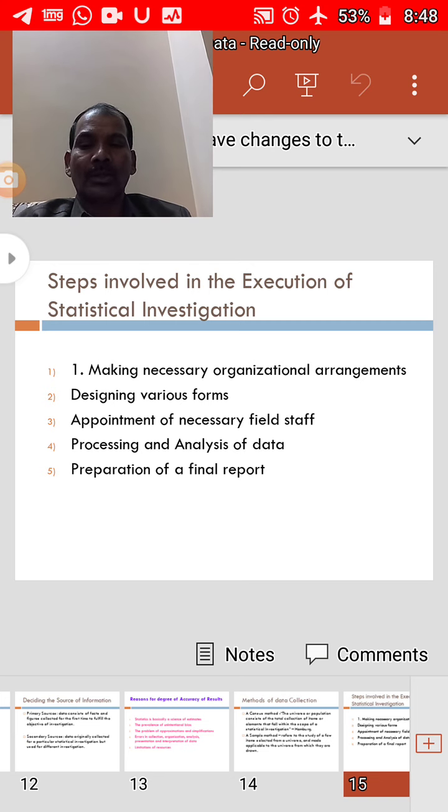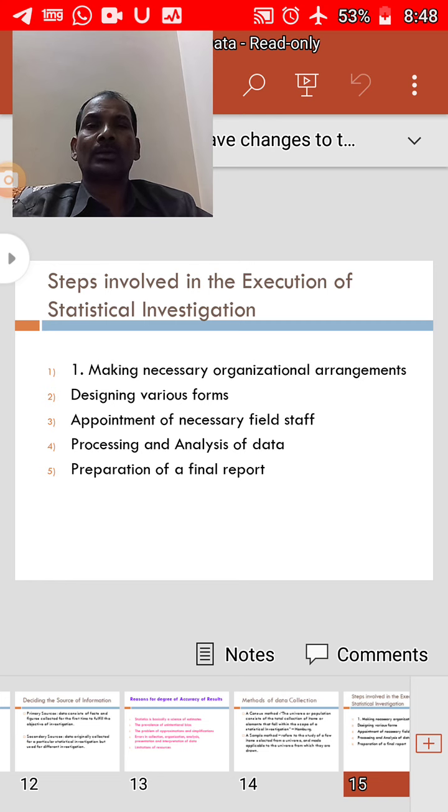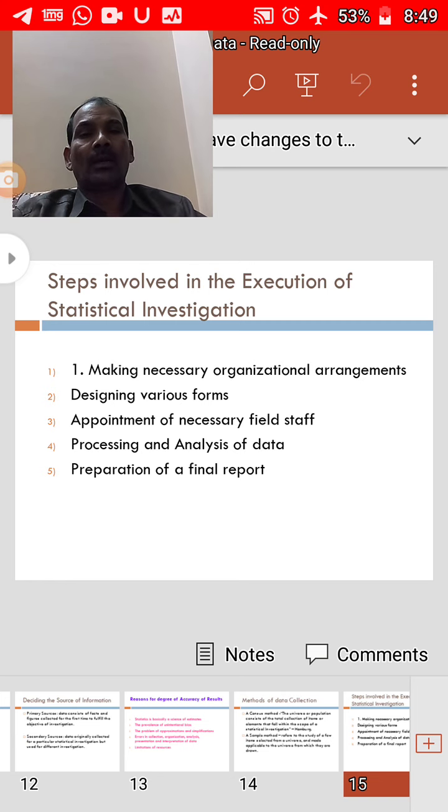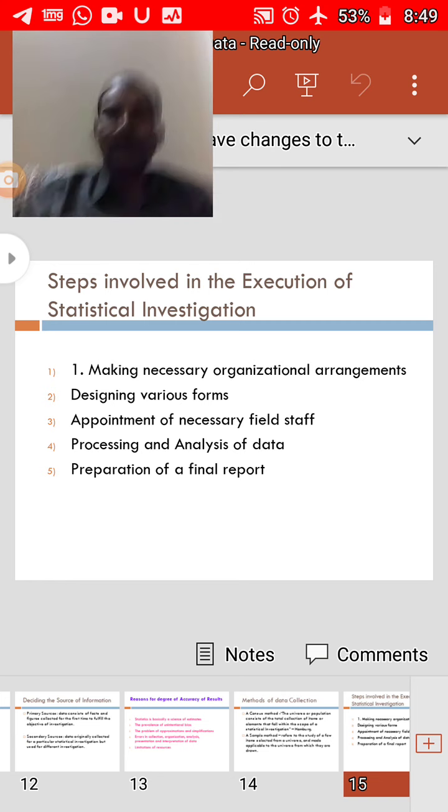That is also one example we will consider here, designing various forms. It is easy for us, only we need content. Forms can be questionnaires we can frame, schedules we can make using these software. We have a lot of quiz making software that is available freely on the net.